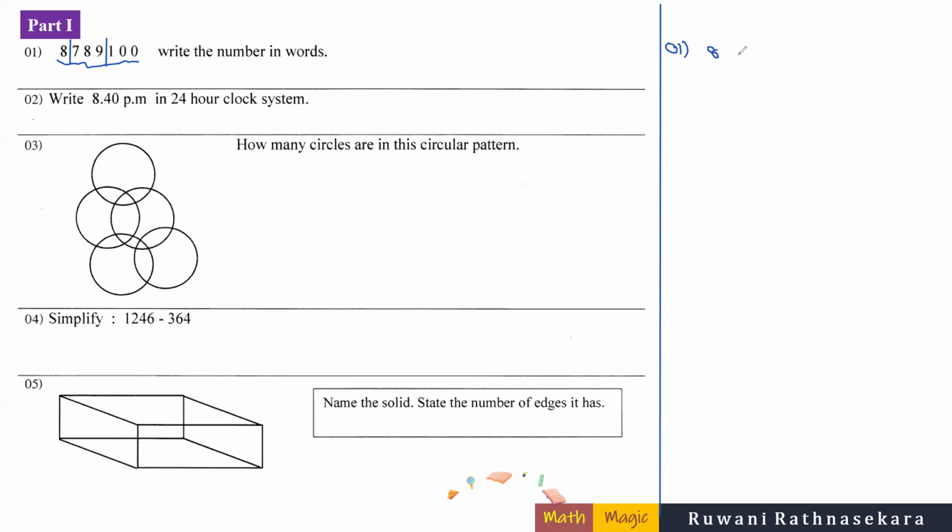8 789 100. These are units, thousands, and millions.